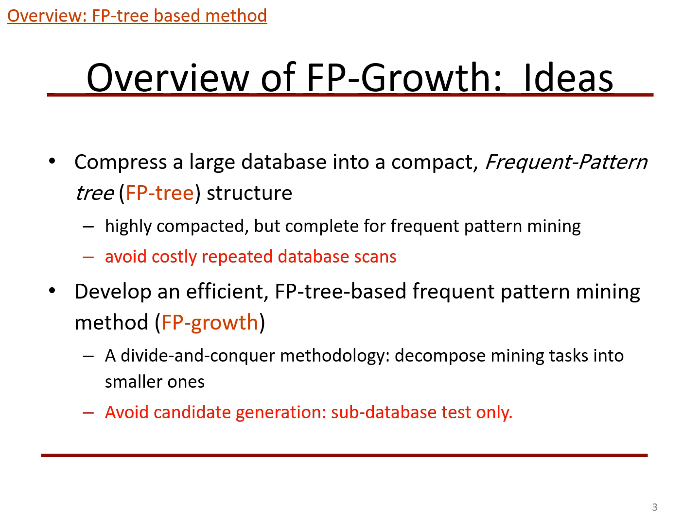This tree structure is highly compact, and however, it is complete, meaning that it contains all frequent patterns that we can observe in the data set. It also avoids repeated dataset scans. So we actually scan the dataset only twice, no matter how big the dataset is.